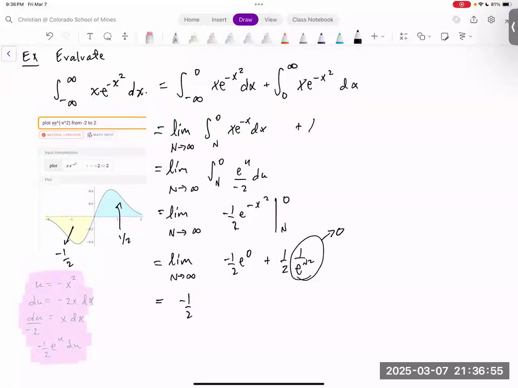If you set up the limit on the other piece, let's go into infinity, 0 to n of x e to the negative x squared dx. Let's not skip a step. Let's use n to 0, e to the u over negative 2 du.